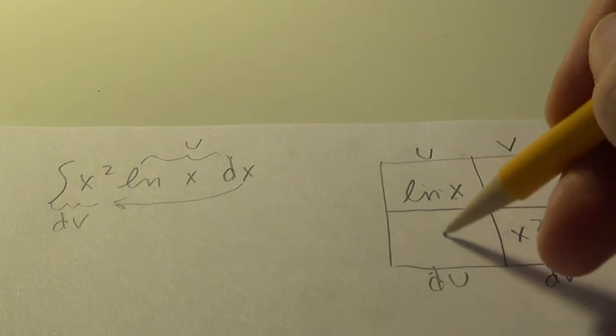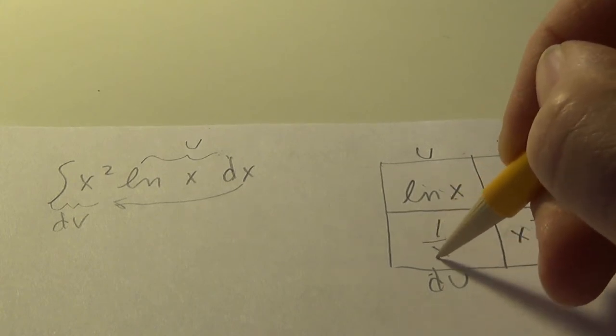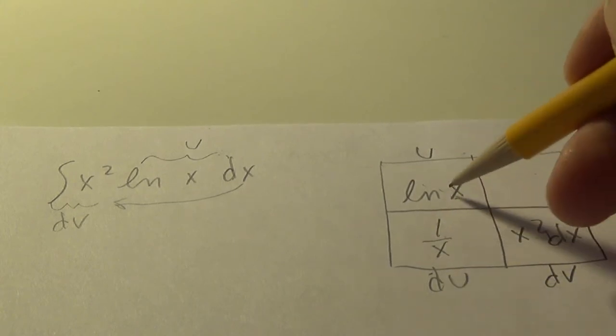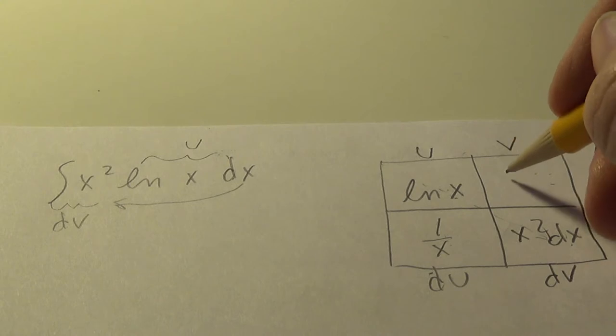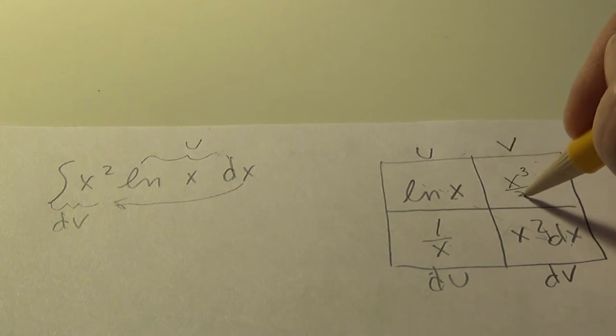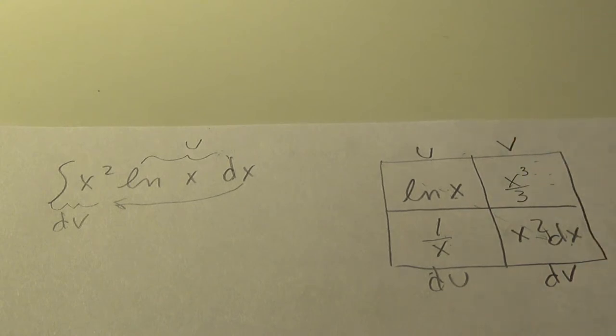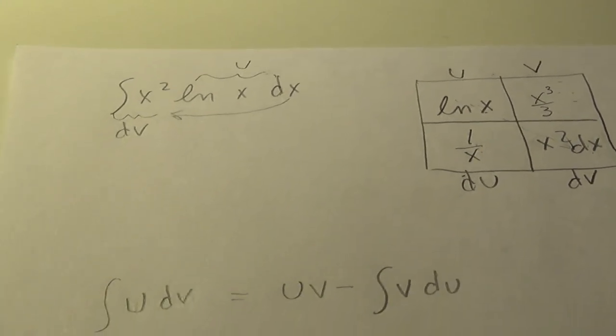The derivative of ln of x is 1 over x, so from u to du we take the derivative. Going this way we have to integrate from dv to v, so we get x cubed over 3 for that part. So that's all there is to it. We're boxed up and ready to go.